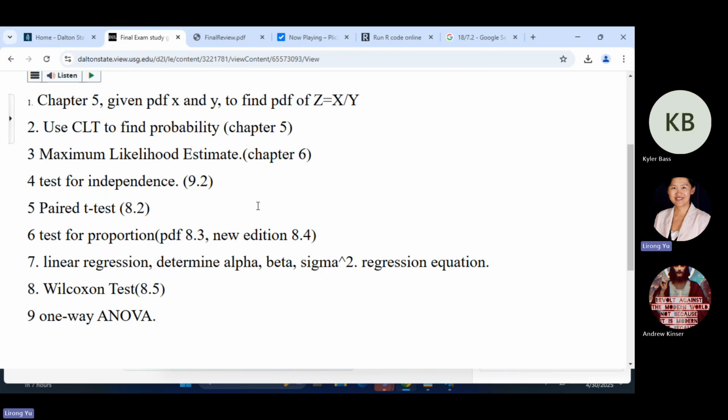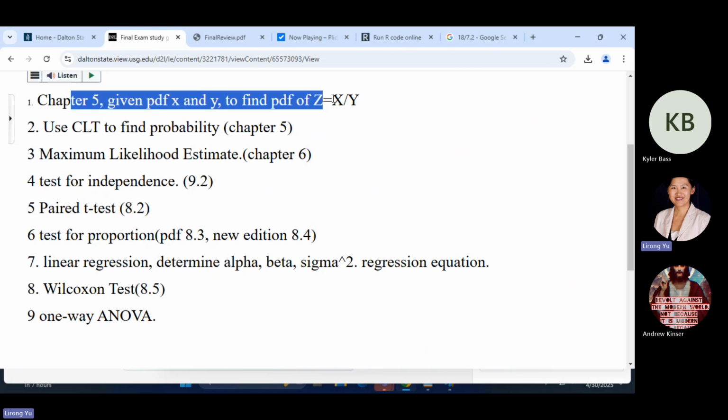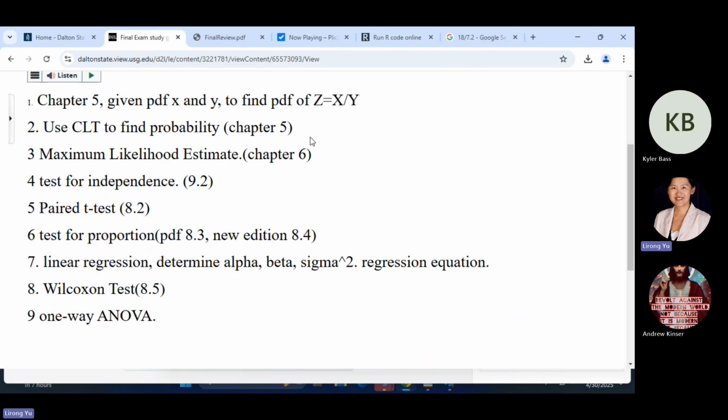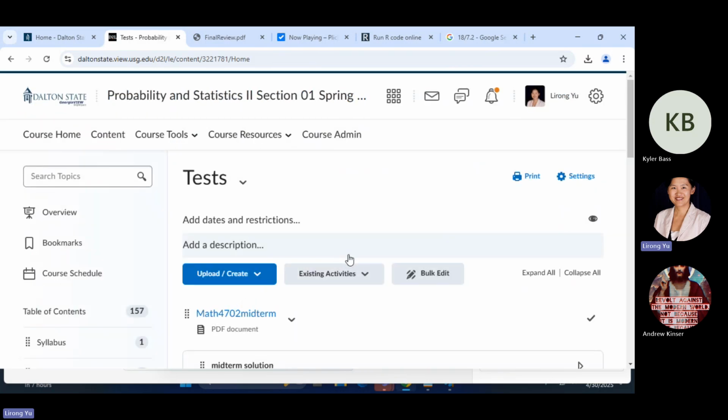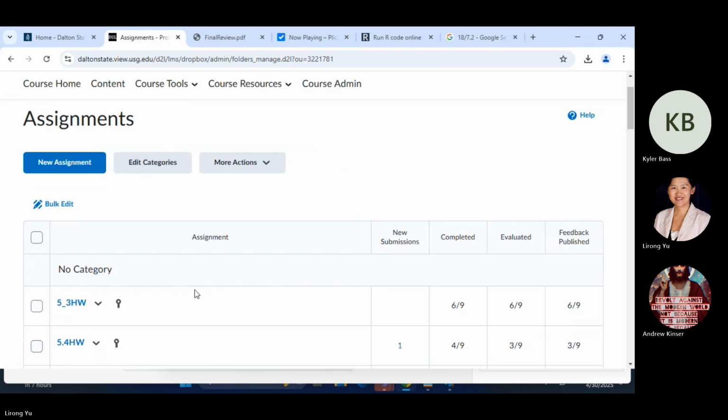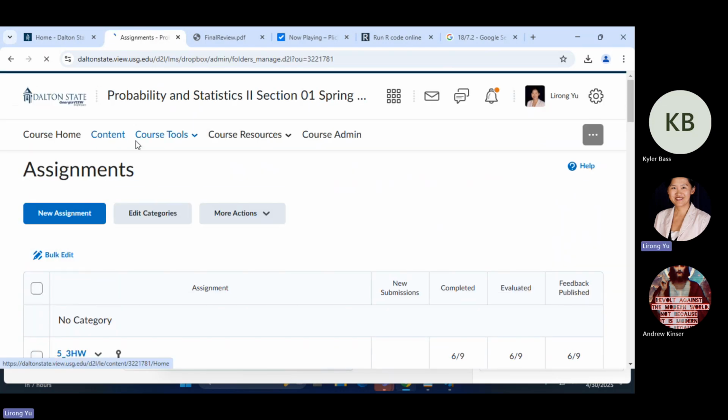If there's anything that we haven't practiced enough, it is this one. If you have the distribution for X and the distribution for Y, how do we find the distribution for X over Y? Let's see. We have assignment 5.3.